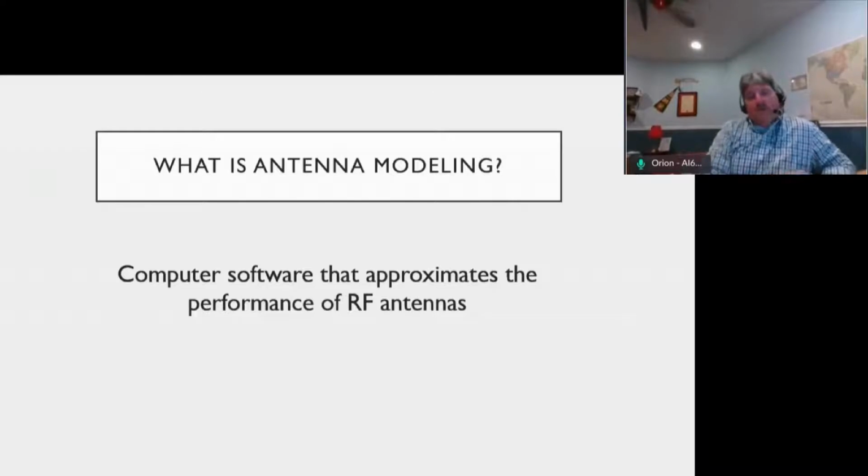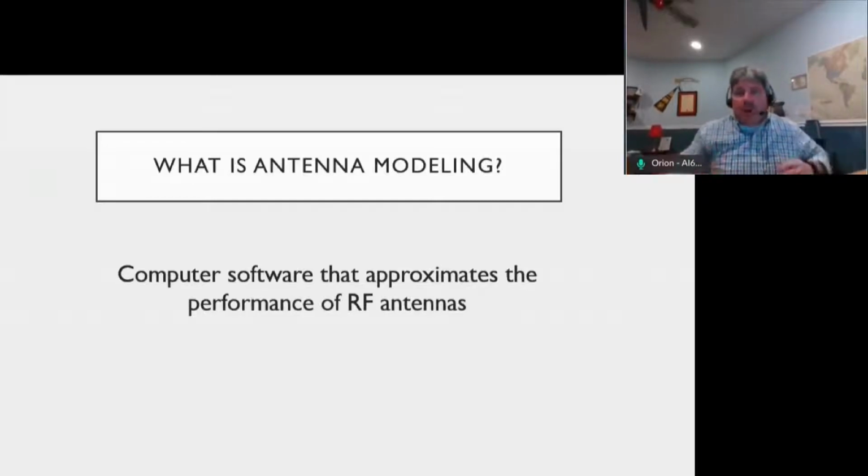Now, even though it's an approximation, it's still going to give you a pretty good idea of how it's going to perform. You can pretty much bank on the fact that if you change the height, the length, or the configuration of your antenna, the model may say you're going to get 10 dB out of it, and in reality you may only get 8, but it's going to be better than the other configuration where the model says you'll get 8 and you only get 5.